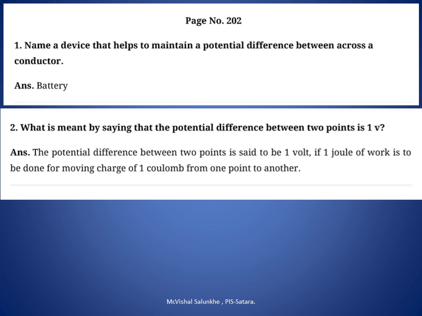So we can say that if 1 joule of work or energy is required to move a charge of 1 coulomb from one terminal to the other terminal, then the potential difference between the two terminals is 1 volt. That is, the potential difference between 2 points is said to be 1 volt if 1 joule of work is to be done for moving a charge of 1 coulomb from one point to another.